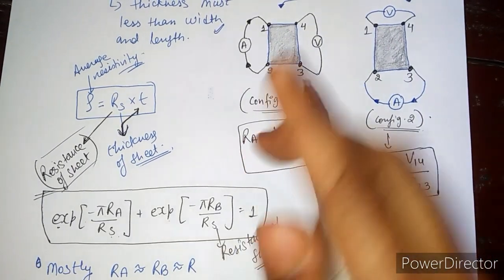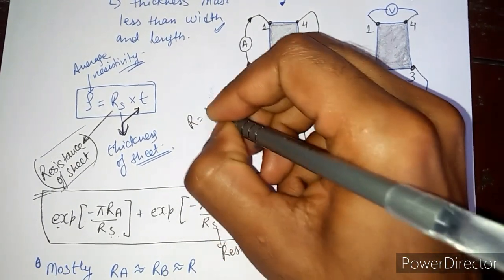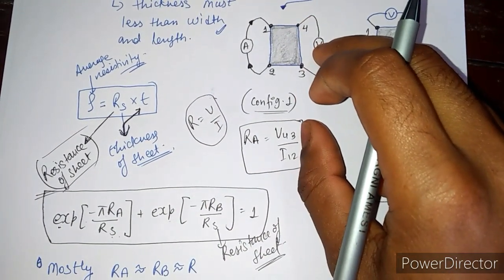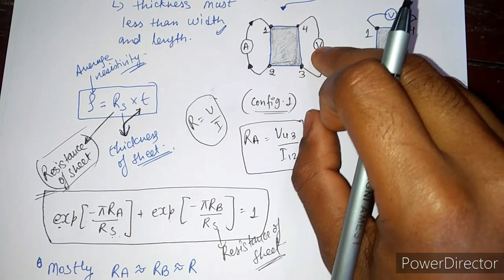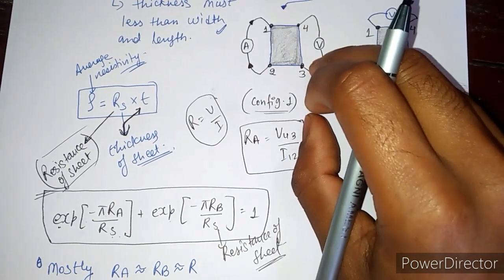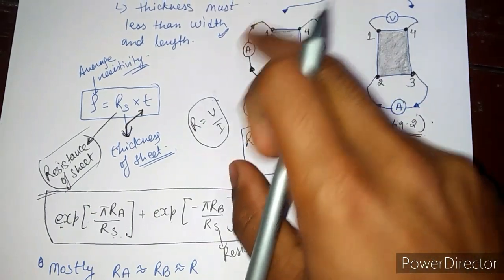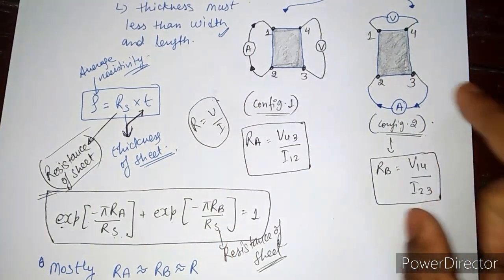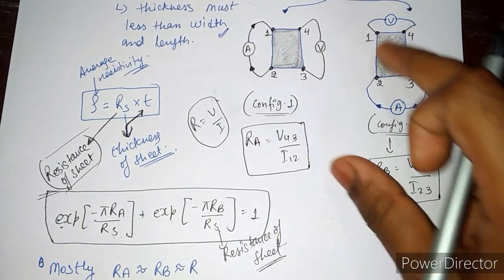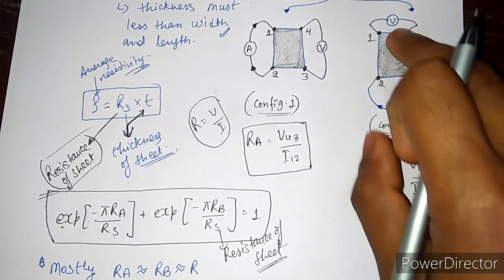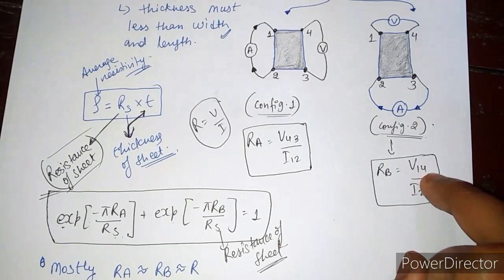The formula of resistance is V upon I, voltage upon current. The voltmeter measures the voltage and it is connected across probe 4 and probe 3, so we have written V43 upon I12 for the ammeter measuring the current. The same method is applied here: the ammeter is connected through 2 and 3, so I23, and the voltmeter across 1 and 4, so V14.